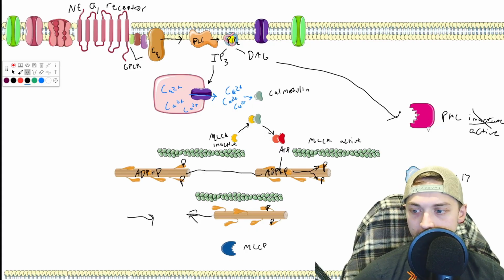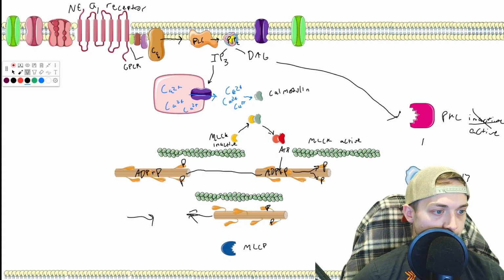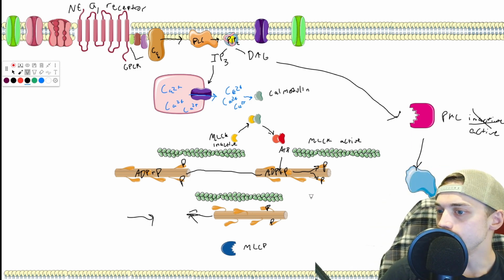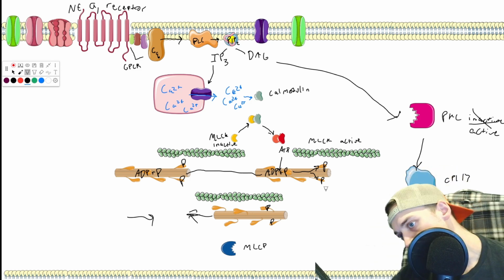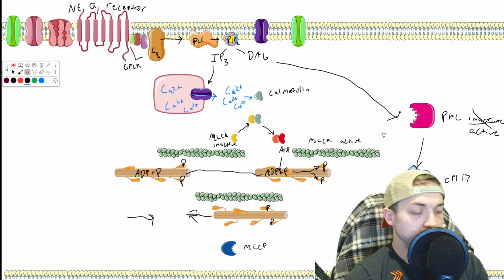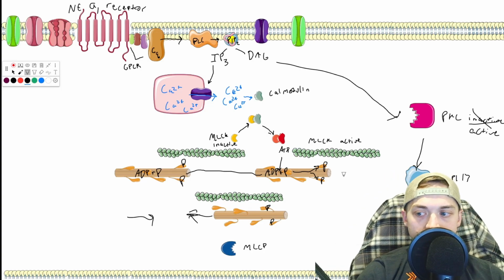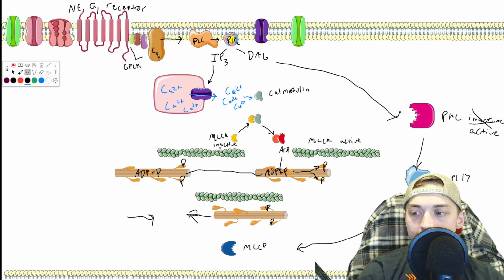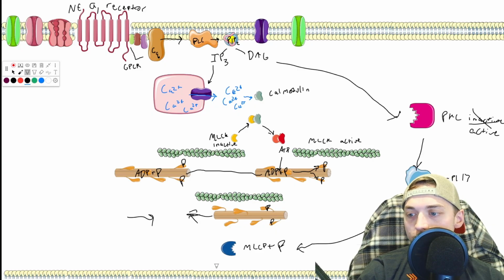Now, what does protein kinase C do? Well, it's going to come down here to CPI-17. This is a protein, and what CPI-17 is going to do is attach a phosphate to our myosin light chain phosphatase. When it attaches that phosphate, or P, to our myosin light chain phosphatase, it turns it off.